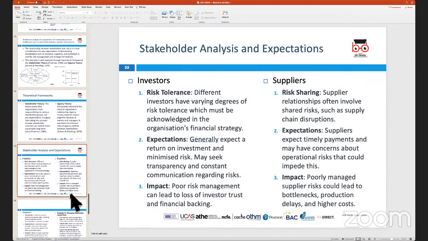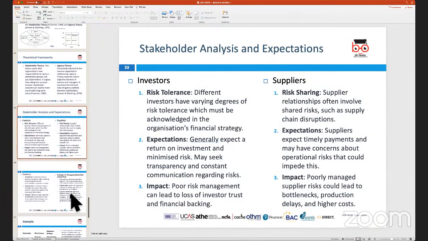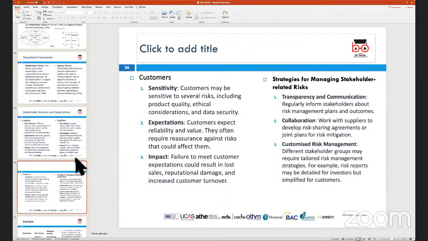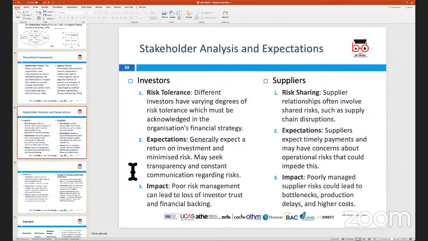And then I put one or two slides in to basically explain the stakeholder analysis from a point of view of investors, suppliers, customers, because that is what we need to look at in detail, specifically for the indicative content and the learning outcome.